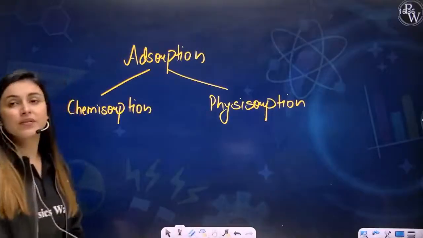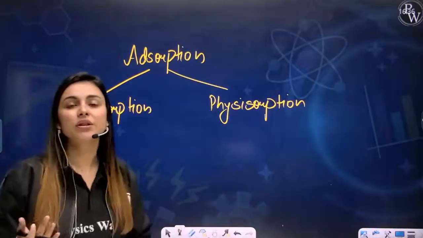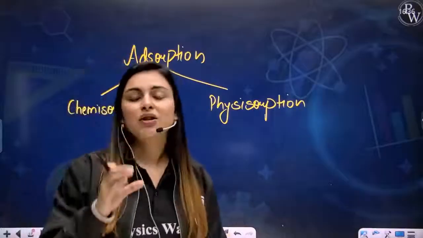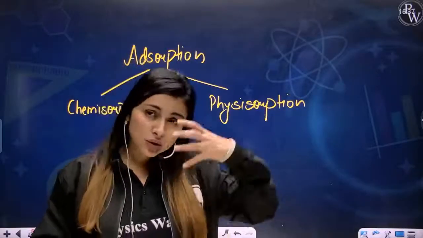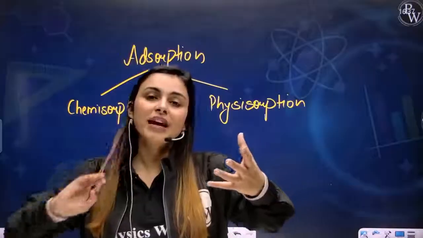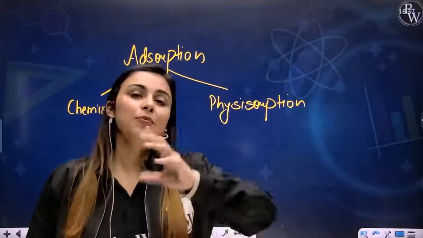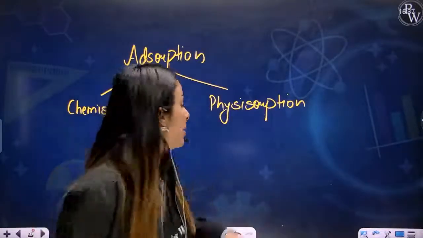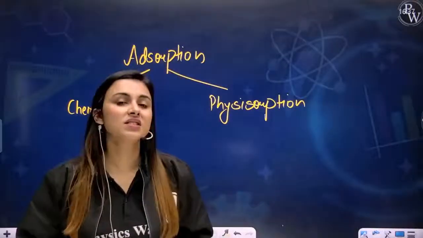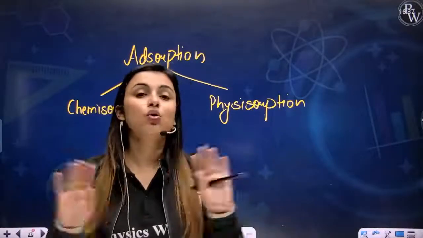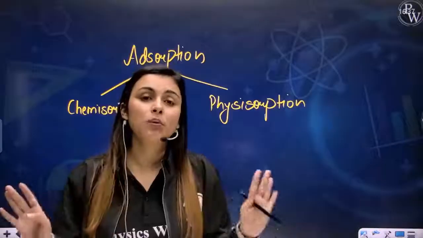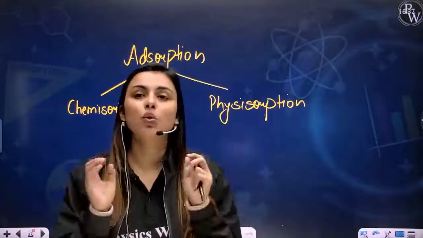Chemisorption is a type of adsorption in which the force of interaction is chemical bonds. That is, because of reaction, bonds are formed, and that process is known as chemisorption. But if you talk about physisorption, my dear students, there are no strong forces, there are no chemical bonds, there is only weak van der Waals interaction.